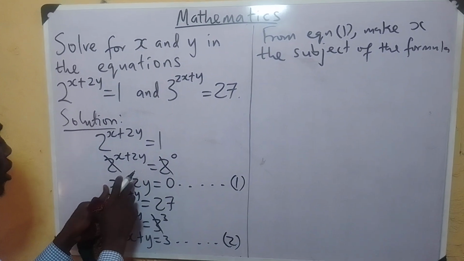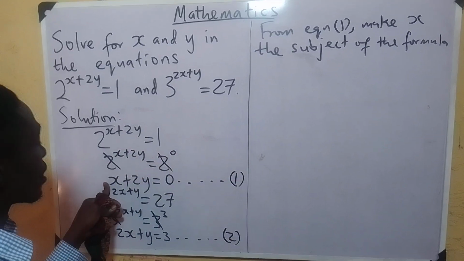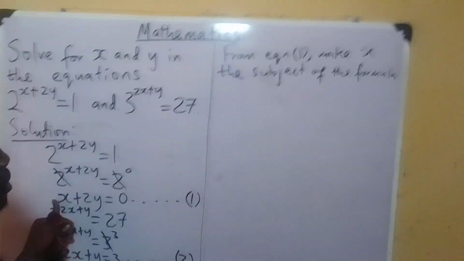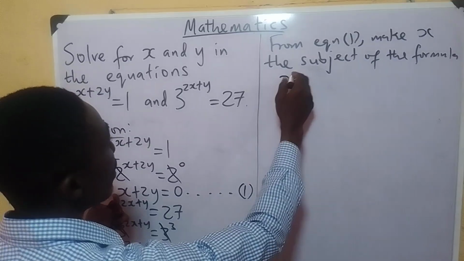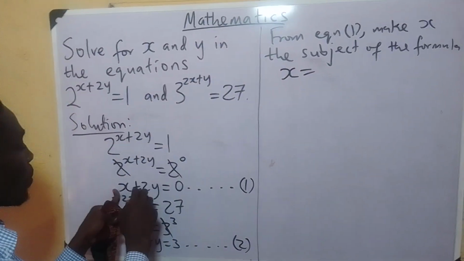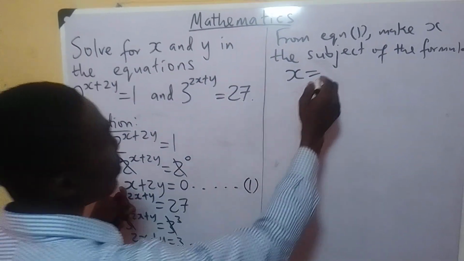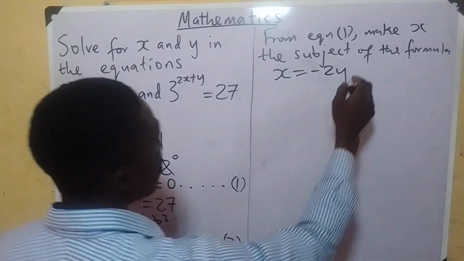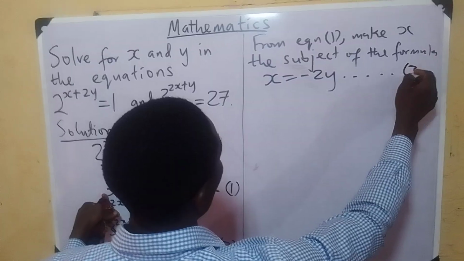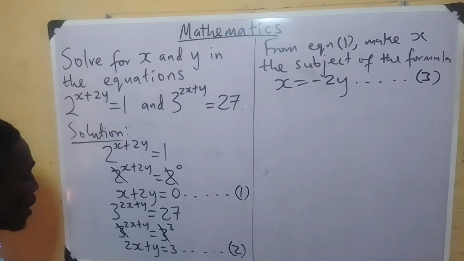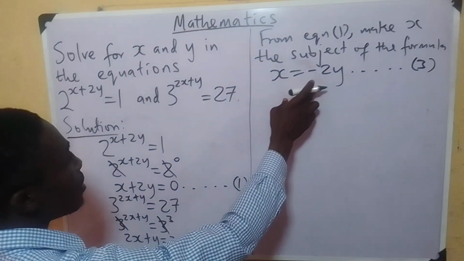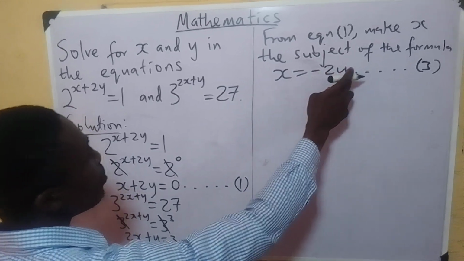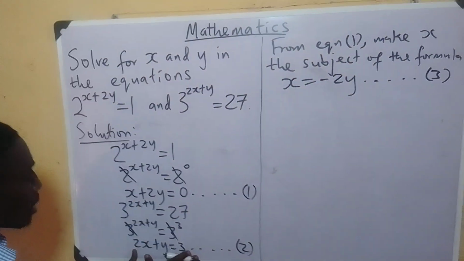Just carry any other number that is not x, take it to the right hand side, so that x will be on its own. So now I have x is equal to, if plus 2y crosses it becomes minus 2y. And we call that equation 3.